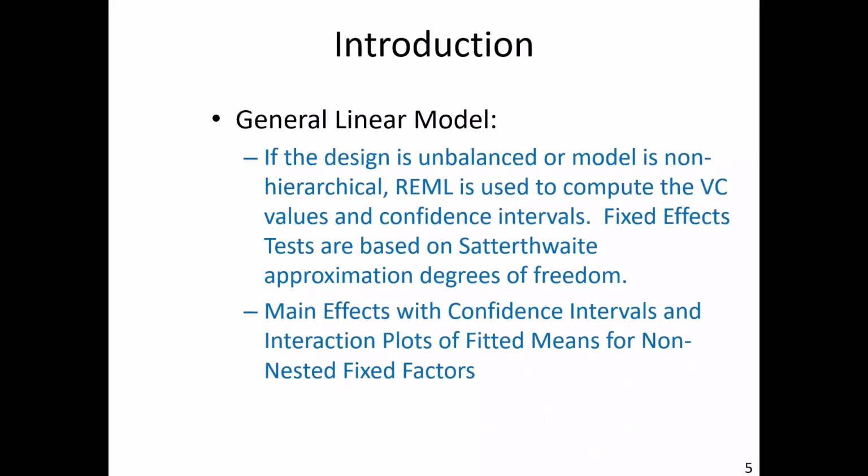Now, if the design is unbalanced, then the calculations are done using restricted maximum likelihood. And we have a fixed effects test using Satterthwaite approximation degrees of freedom. That's actually what we'll be doing when we do example 3. I've made it an unbalanced design.